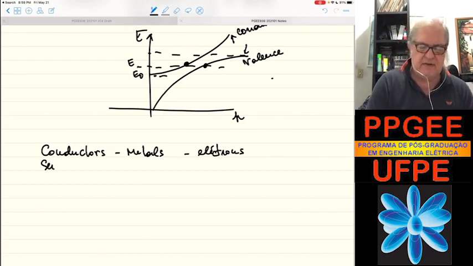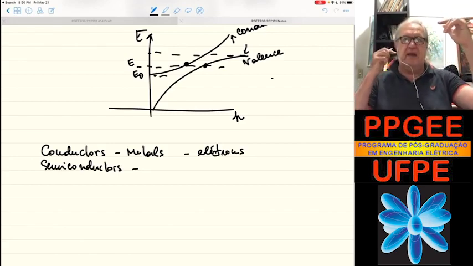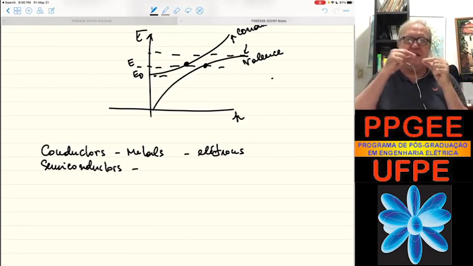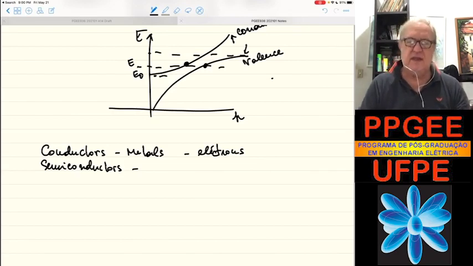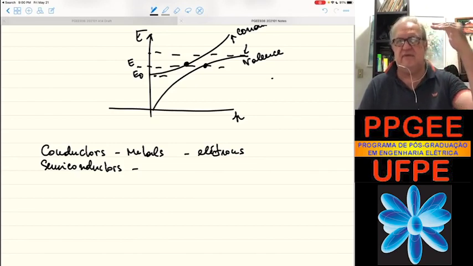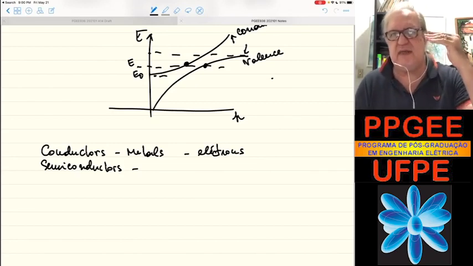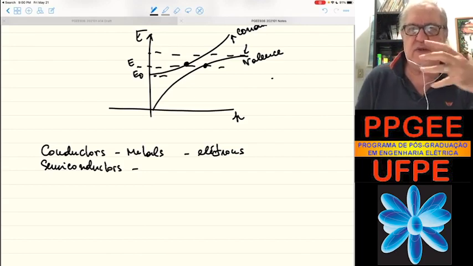You have also semiconductors, in which you have electrons in the conduction band and movement of electrons by hopping through different atoms. Those special electrons that are in the valence band are called holes.